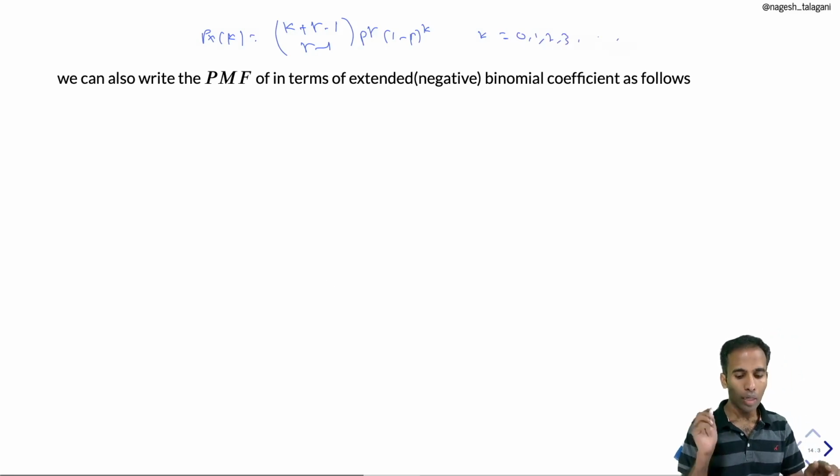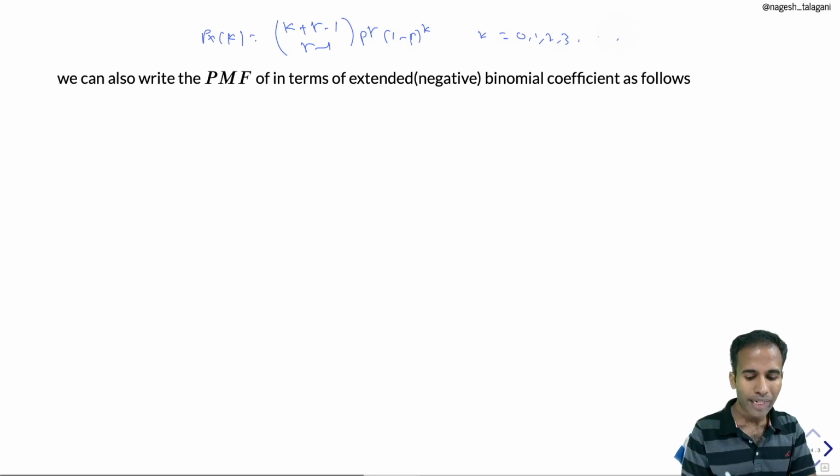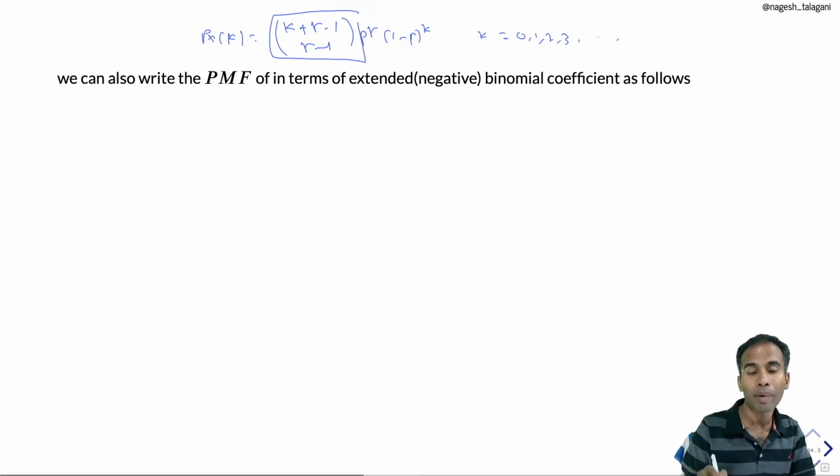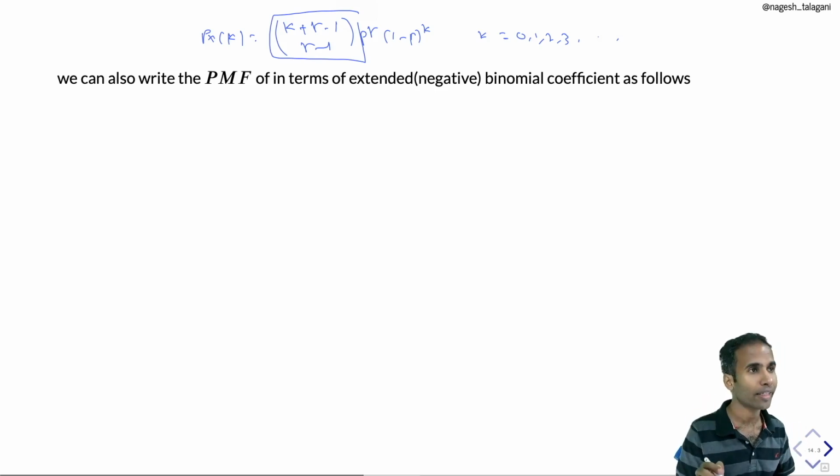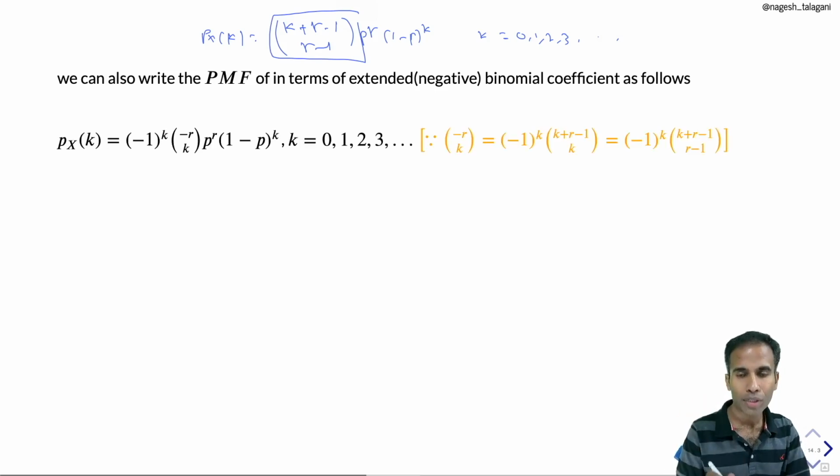Now we can express this ordinary binomial coefficient, k plus r minus 1 choose r minus 1, in terms of the extended binomial coefficient, where the top parameter is a negative integer like this. We have a relationship between the extended binomial coefficient minus r choose k and the ordinary binomial coefficient k plus r minus 1 choose k like this.